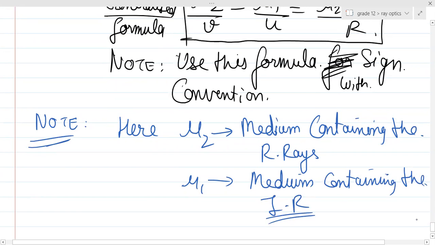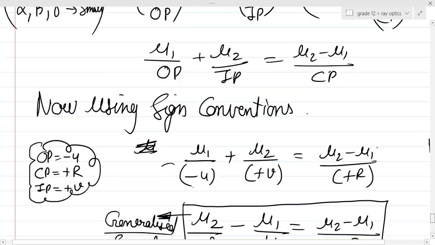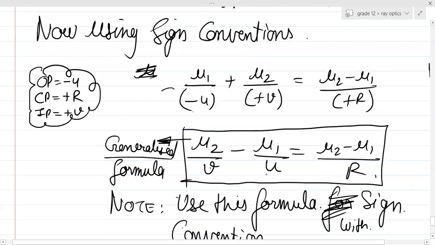Do you remember this? Can you see over here? Mu1 is associated with the object, and the object is associated with incident rays, right? So mu1 is the medium in which the incident rays are there, and mu2 is associated with V, and V is associated with the image, the refracted rays, right?